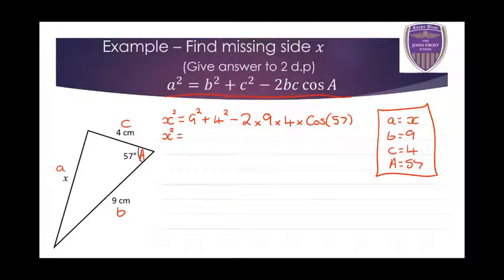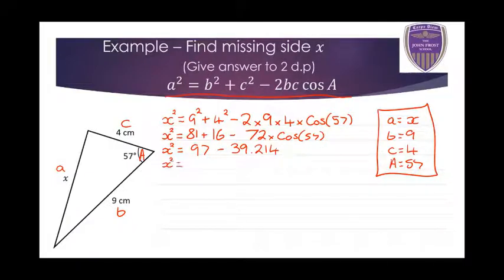So X squared equals, well, 9 squared is 81, 4 squared is 16, take away 2 times 9 times 4, that is 72, times cos, don't forget it's times cos 57. So X squared, 81 plus 16 is 97, 72 times cos 57 is equal to 39.2214.